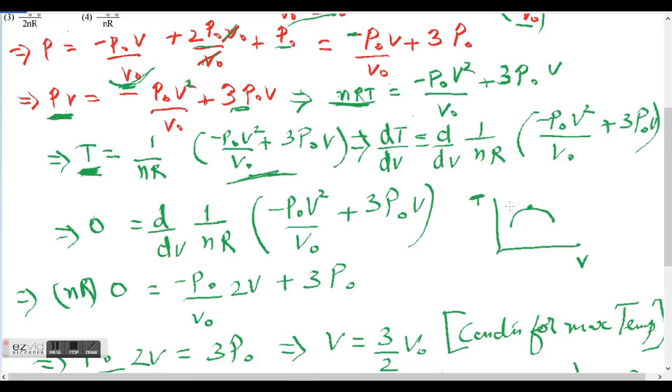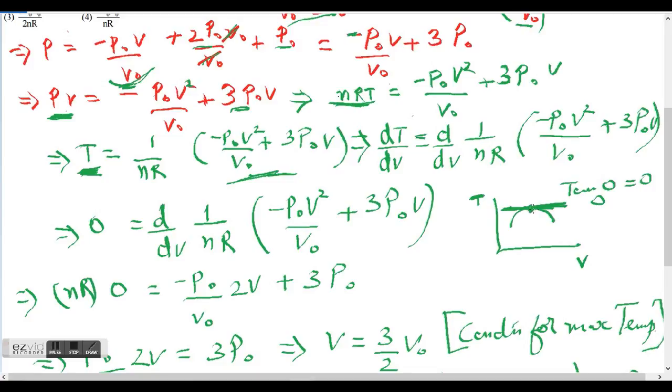Let's say it maxes out at this point. What is the slope at this point? The slope at this point is the tangent line touching the curve only at one point, and that would come to 0 because tan of 0 is equal to 0, right?